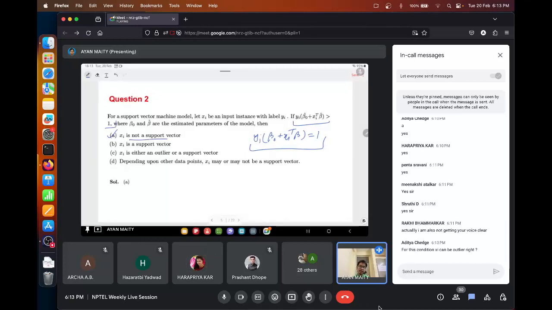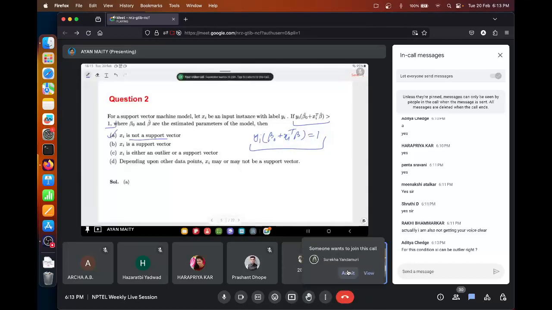Now for the point xi, you have to find whether xi is a support vector or not. So it doesn't depend upon other points. For support vectors, this value is equal to 1, and for other points the value is greater than 1.